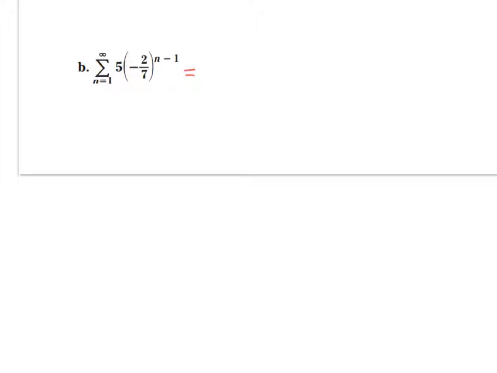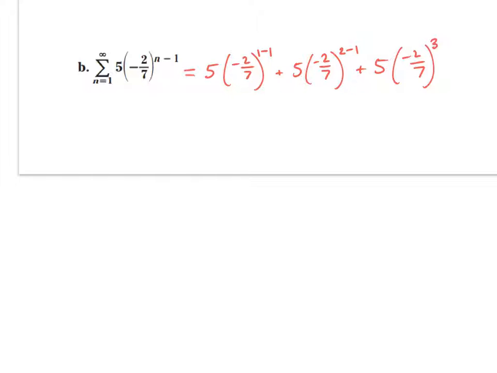If we do the first few terms, we're going to have 5 times negative 2/7 to the 1 minus 1, plus 5 times negative 2/7 to the 2 minus 1, plus 5 times negative 2/7 to the 3 minus 1. We get the idea? Plus dot, dot, dot.